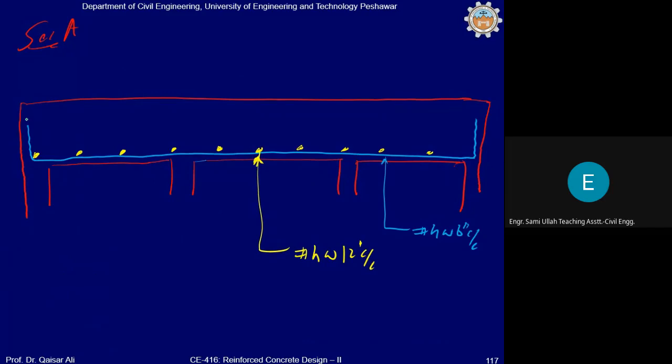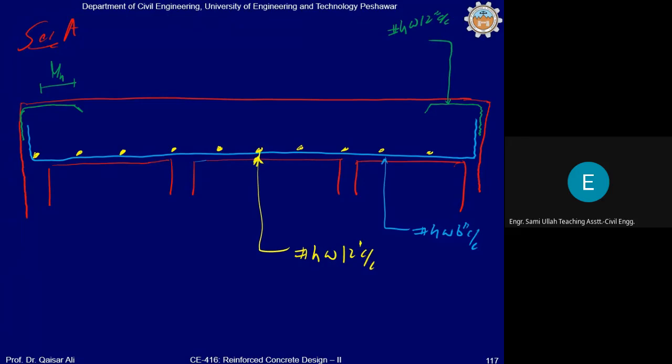This is the top reinforcement at discontinuous end. It will be curtailed at L by 4. And the spacing of top reinforcement at discontinuous end is number 4 at 12 inch center to center.